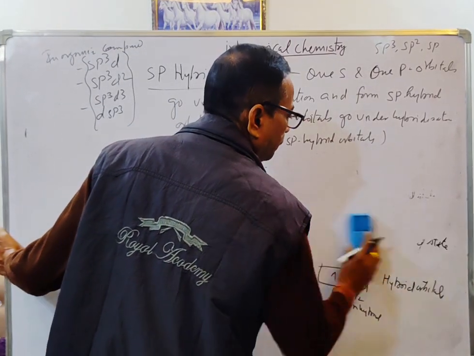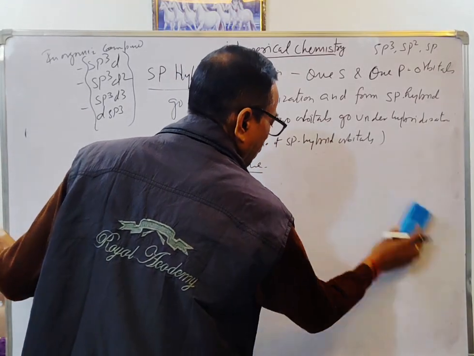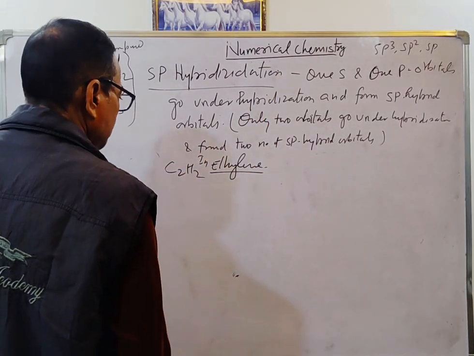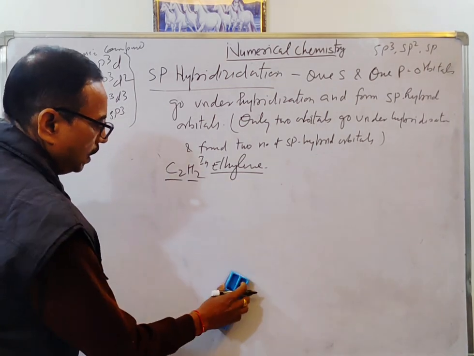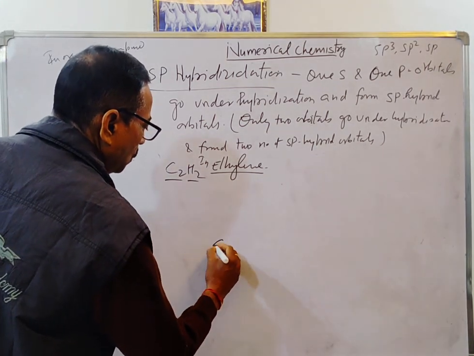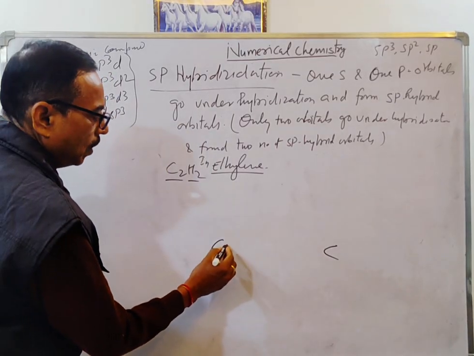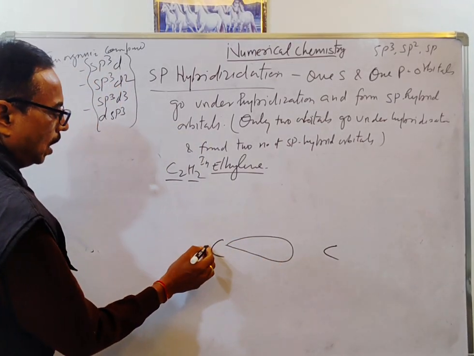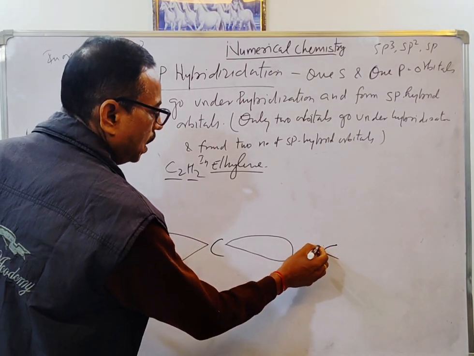So what happened in the sp hybrid orbital? sp carbon, 2 hydrogen. So carbon is sp hybrid. This is carbon, this is carbon. There are two hybrid orbitals. One is like this, and another is a hybrid orbital forming a sigma bond, as you have seen earlier.